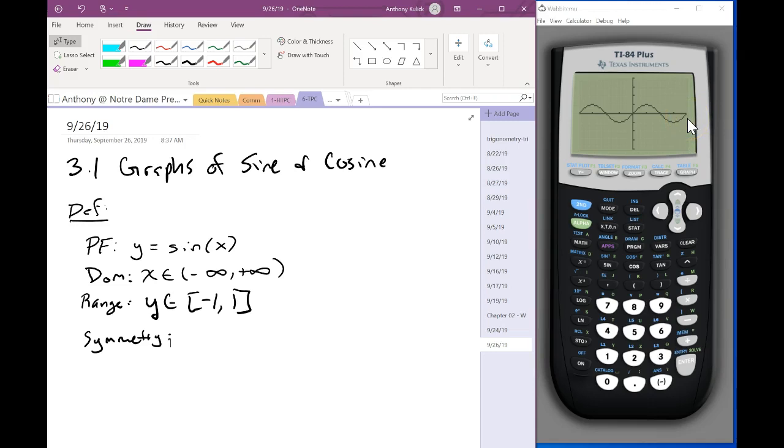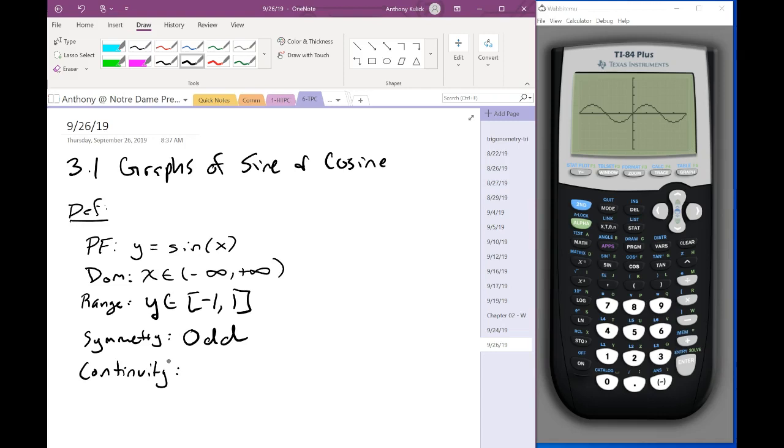Can you visualize that in your head? That's called 180-degree rotational symmetry about the origin, which is a mouthful. Really what we're going to do is call all functions that have that kind of symmetry odd functions.